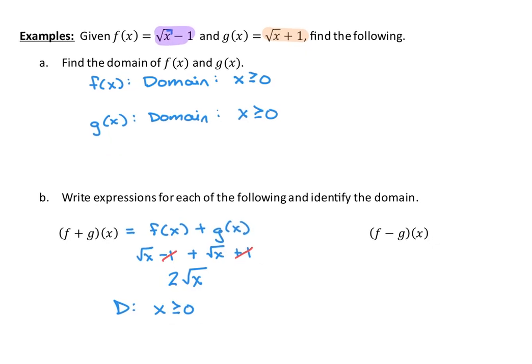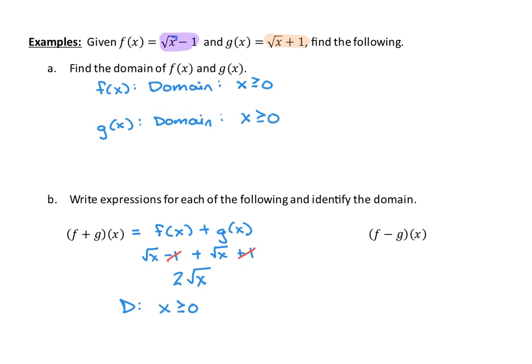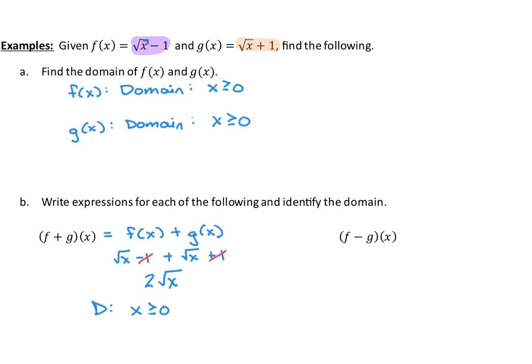All right, let's try f minus g. So remember that this is going to equal f of x minus g of x. And so again, wherever we see f of x, we're going to plug in f of x, and wherever we see g of x, we're going to plug in g of x.